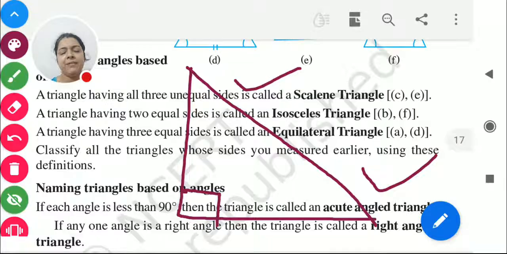But basically we know very well that one is 90 degrees, so the rest of them will be acute angles. So if you find that at least one angle in a triangle is 90 degrees, it will be a right angled triangle. Why right angled? Because it has one angle of 90 degrees. One angle is a right angle. That's why it is known as a right angled triangle. Okay, so we got to know.